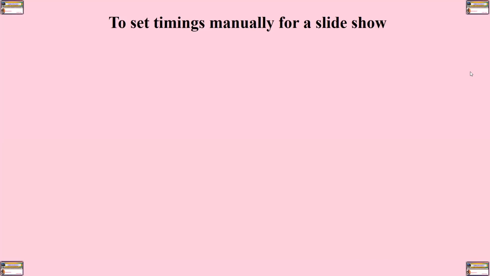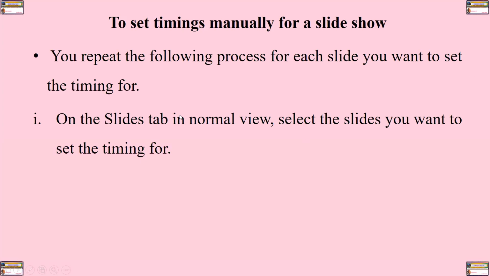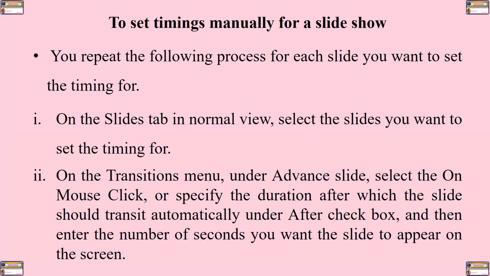You can also set the timings manually for a slideshow. You repeat the following process for each slide you want to set timings for. On the Slides tab in Normal View, select the slides you want to set the timings for. On the transitions menu and advanced slide, select the on mouse click or specify the duration after which the slide should transit automatically under the after checkbox, and then enter the number of seconds you want the slide to appear on the screen.